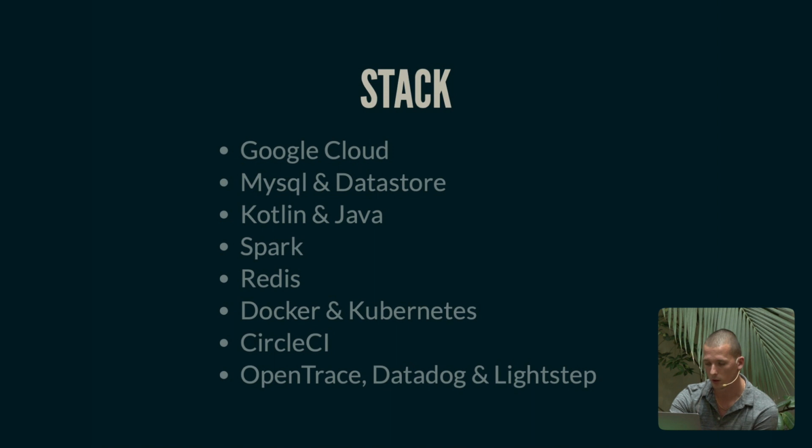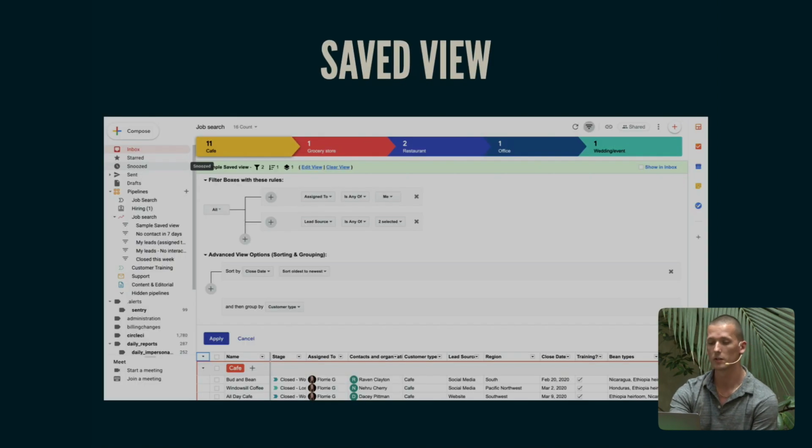So what I'm going to talk about today, why this query transformation is important, is a thing called saved view. It's really similar to a pipeline. Actually, if you close this editor section, it's essentially a pipeline. Basically, we can say that every pipeline is a special case of saved view where we are grouping the boxes by the stage.